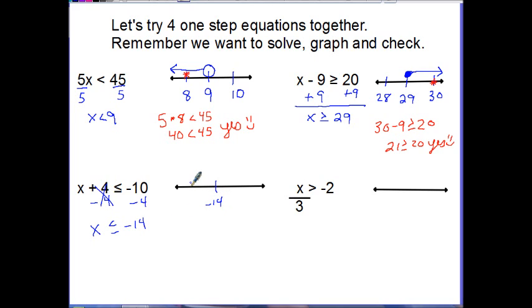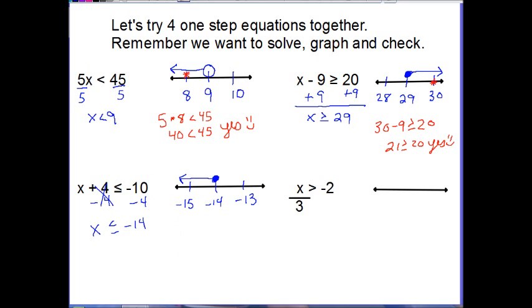A smaller number, negative 15, is going to go on the left. A bigger number, negative 13 on my right. Now, it reads x is less than or equal to negative 14. That line below means we're going to have a closed dot. Since my inequality points left, my solution arrow is also going to go left.